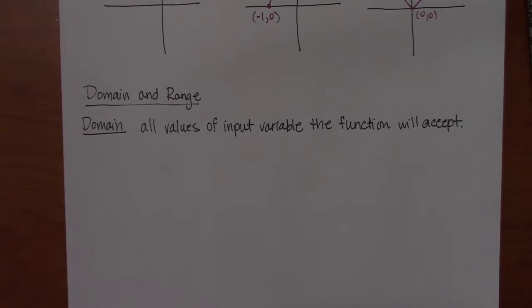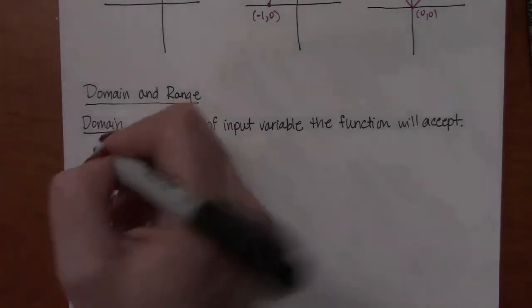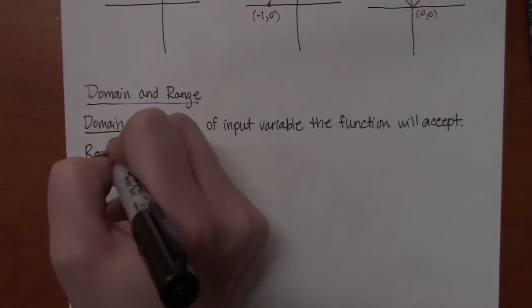So it's every value of x, let's say, that you are allowed to plug into the equation. For example, if I had the square root of x, you can't plug negatives under a square root, so we would not allow negative numbers to go in. It's got to actually return a value for it to be allowed to go in.